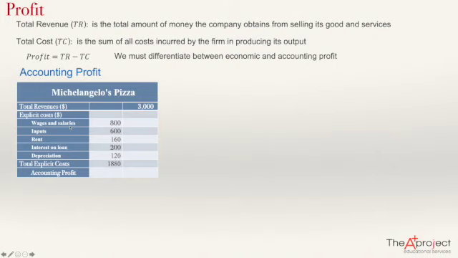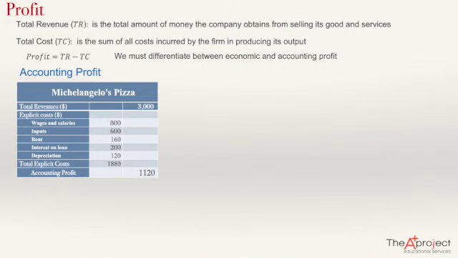Costs like the wages they pay to the workers, the value of the inputs, the rent that Michelangelo's paid, the interest on loans, and the depreciation of their machines, for example. So all of these give you some costs, and maybe others. Assuming that these are the explicit costs, they add together all the costs and subtract them from the total revenue, the total revenue minus the total explicit costs, and that gives you the accounting profit.